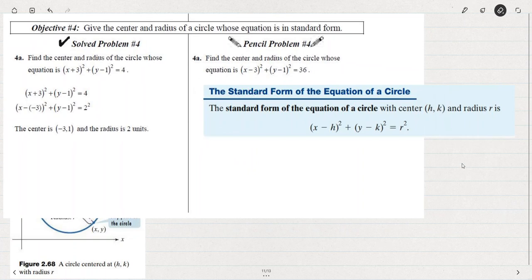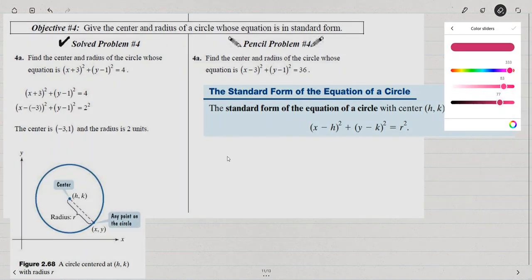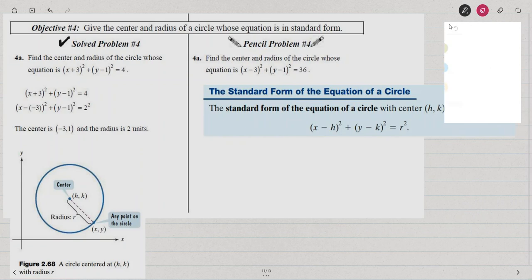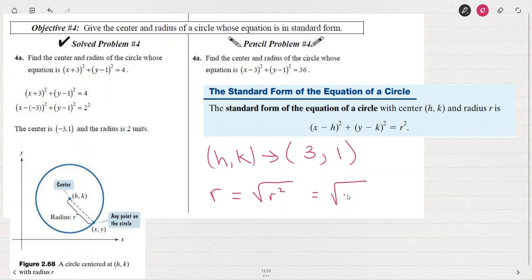So it looks like the h, k is going to be h equals positive 3, k equals positive 1. The radius is going to be the square root of the radius squared, or the square root of 36, or 6. So find the center. The center is at 3, 1. And then the radius is 6.